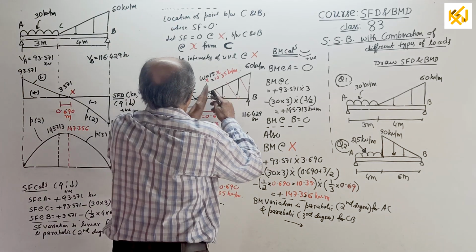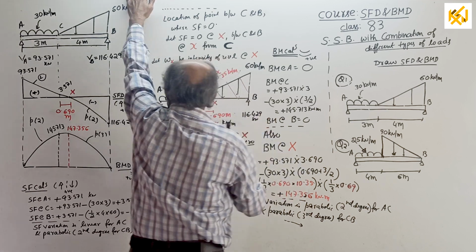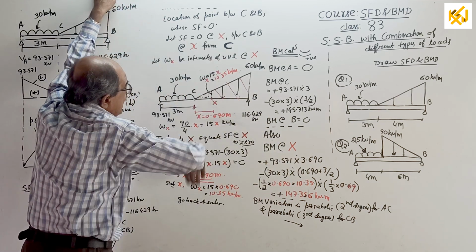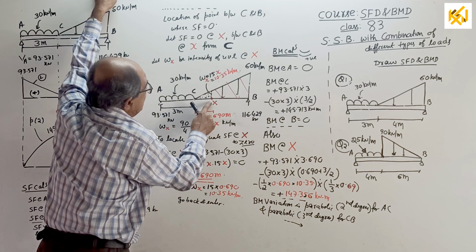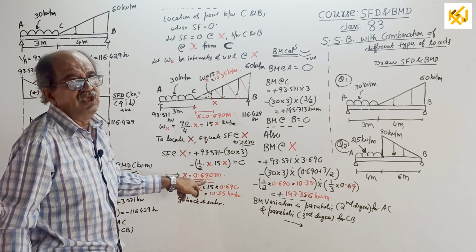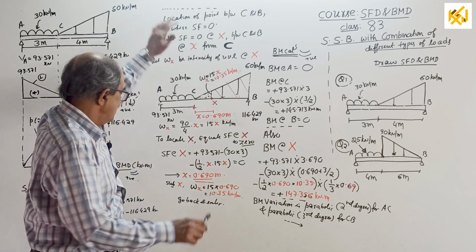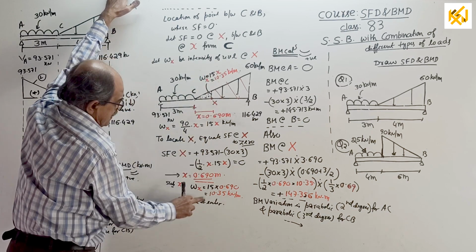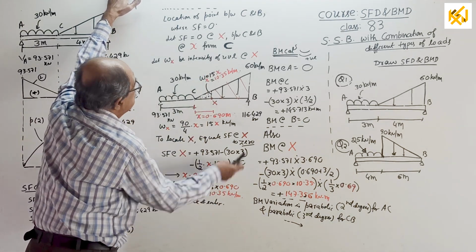Shear force here, look this side: plus 93.571 minus 30 into 3 minus half into X into 15X. Equate to 0, you get the value of X. Then substitute X equal to 0.69, your 15X intensity will become 10.35 kN per meter.